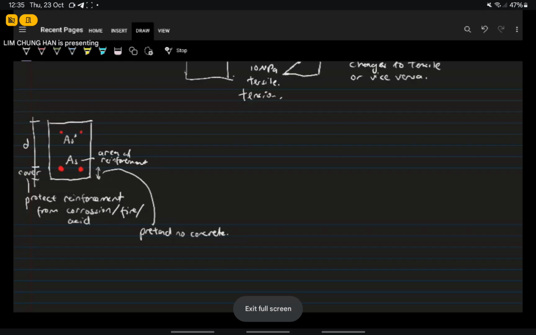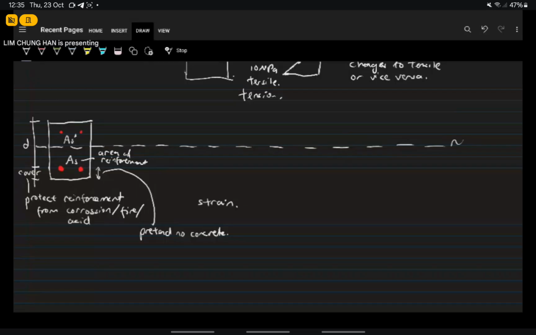Now, next, we get to the strain. So we need to know the strain diagram now. For this section, the neutral axis will be somewhere there. So your strain will look something like this.